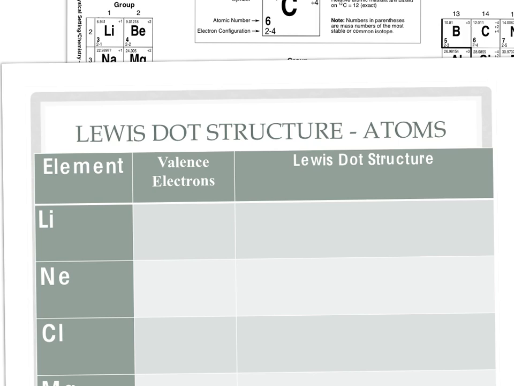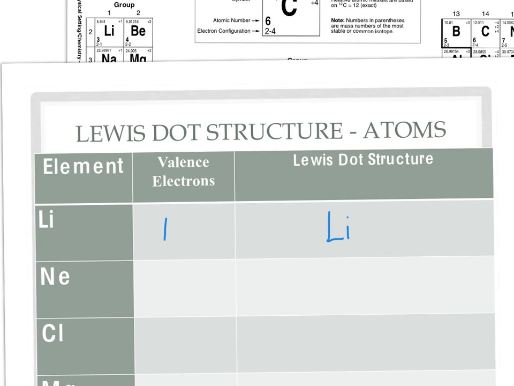Now, lithium has a 2-1 electron configuration as shown right here. So we can see that the valence electron is 1, which is the last number. So let's write that down. So how do we draw it then? So first, to draw it, we're going to write down the element symbol. So we're going to write down Li. Then for each of the valence electron, we will give it a dot.